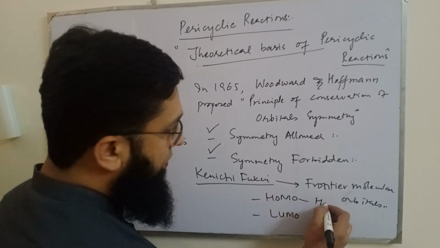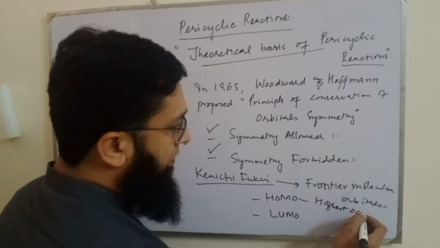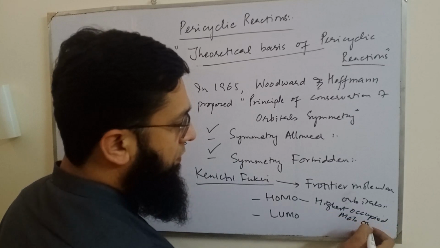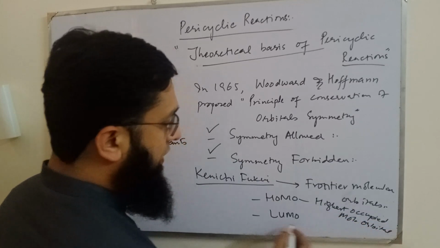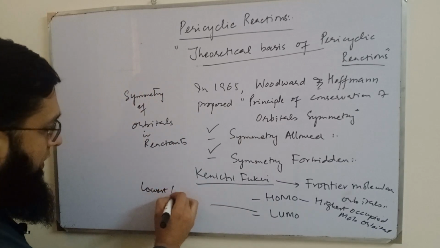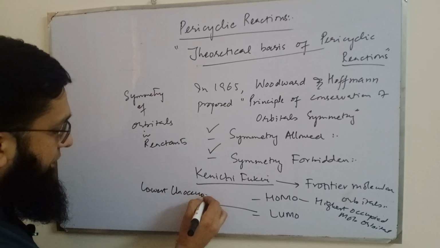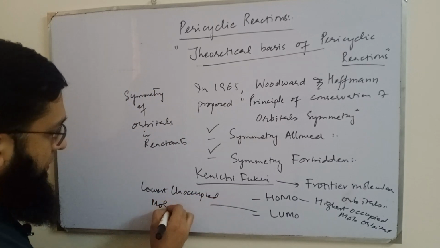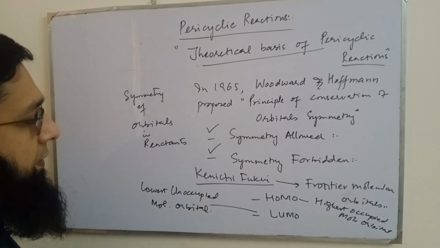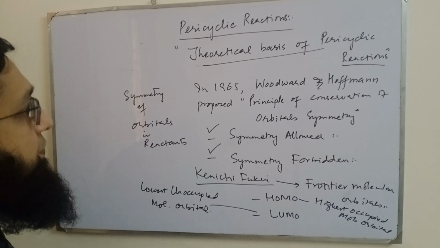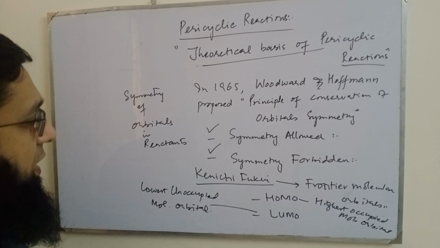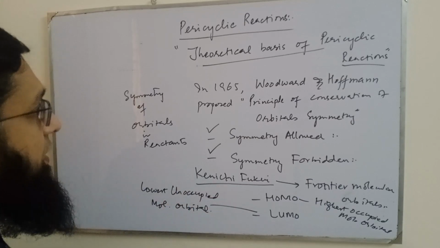HOMO is the highest occupied molecular orbital, and LUMO is the lowest unoccupied molecular orbital. So these are some theoretical bases of different theories. In general, this approach is simpler than the other one.